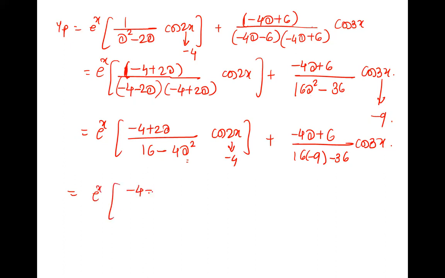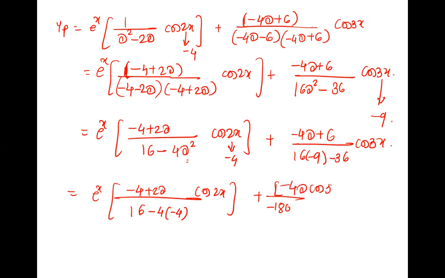So minus 4 plus 2D upon 16 minus 4 into minus 4 cos 2x. Plus, how much is this? Minus 180. Yes, correct. And this into this into this. So minus 4D cos 3x plus 6 cos 3x. Right. And how much is this now? 32, correct. That comes out e raised to x upon 32 minus 4 into cos 2x plus 2D into cos 2x.